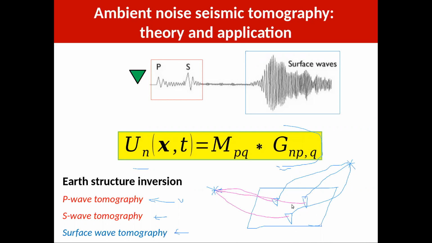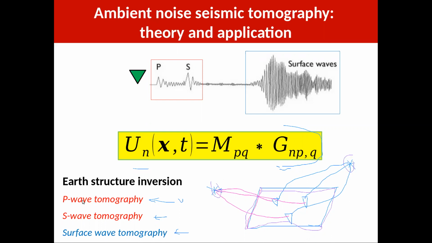So the goal of tomography is to constrain the velocity of our region of interest. If we're interested in getting the 2D or 3D velocity structure, then we combine the waves coming from this earthquake and this earthquake.